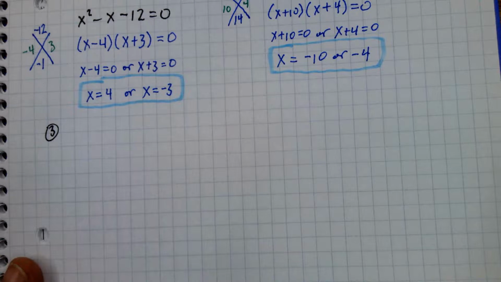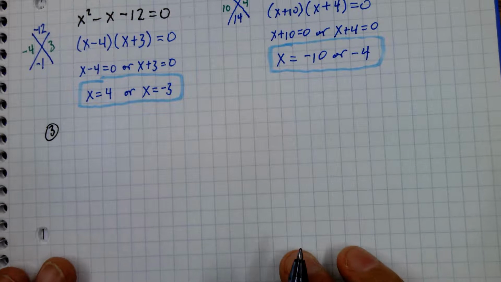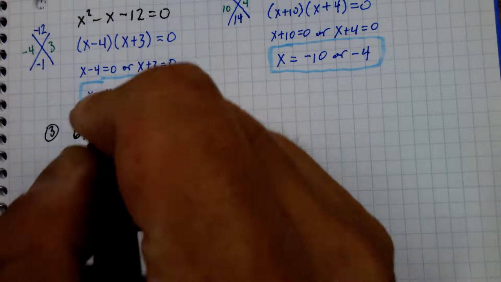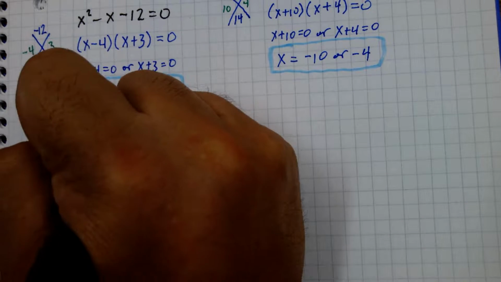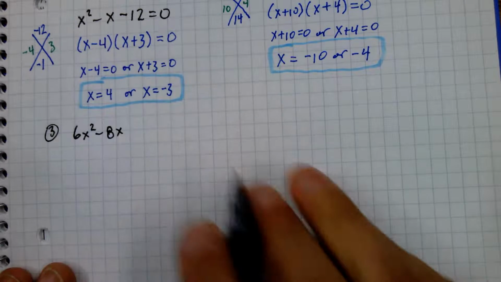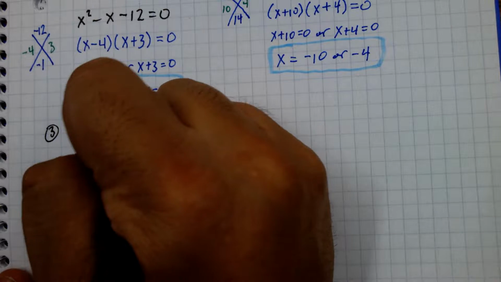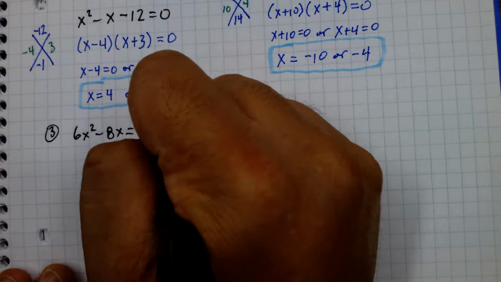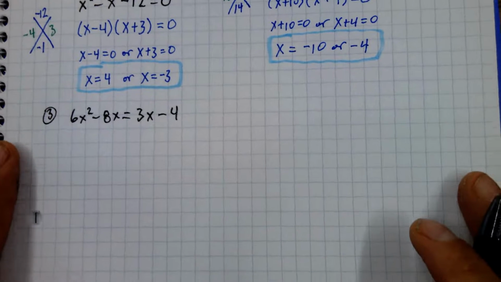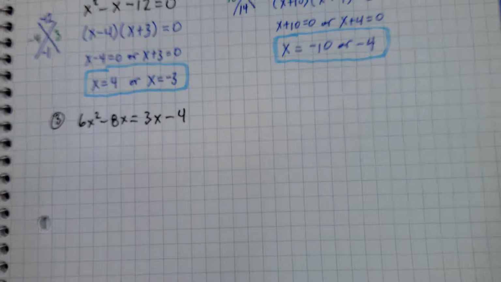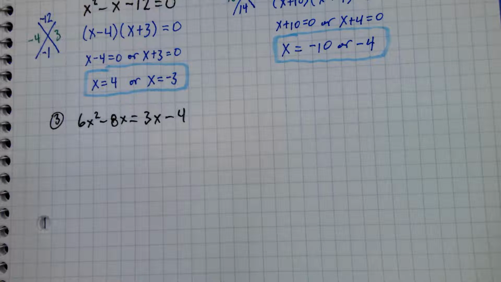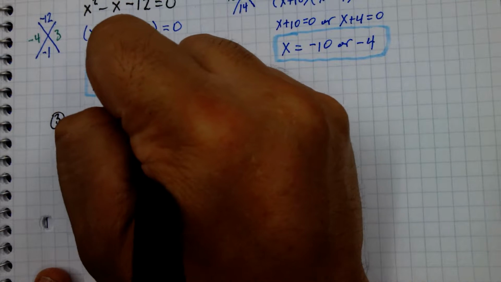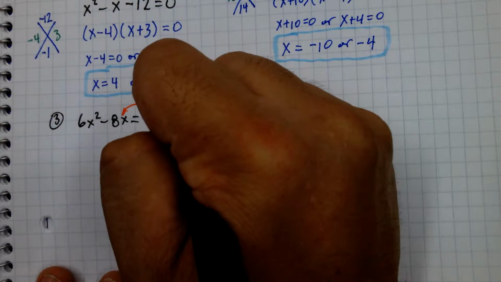Okay. So let's do 6x squared minus 8x equals 3x minus 4. Okay. So we want to solve this one. Let's bring over the 3x and the minus 4. 3x is going to go here.